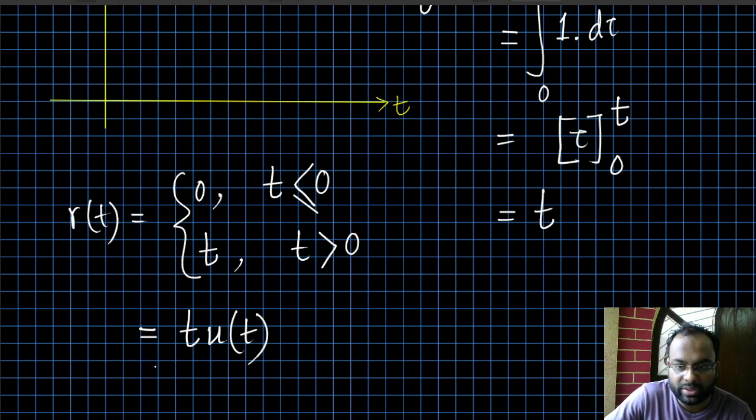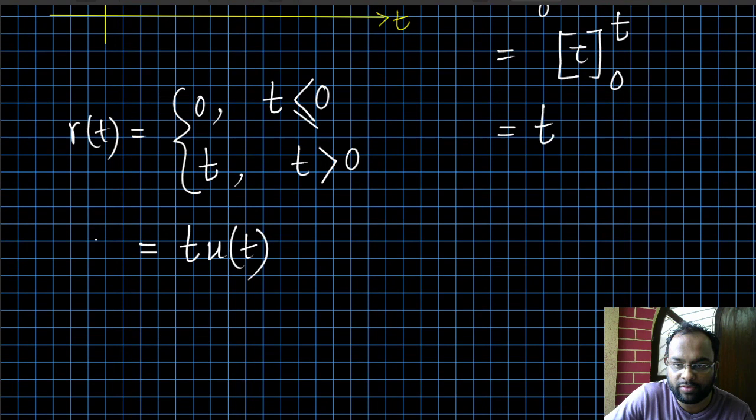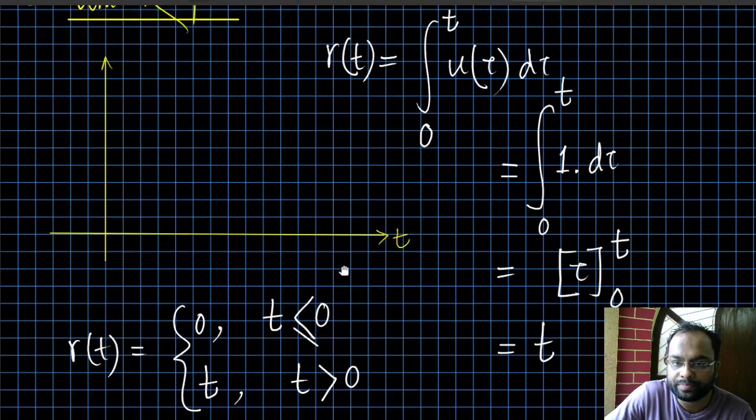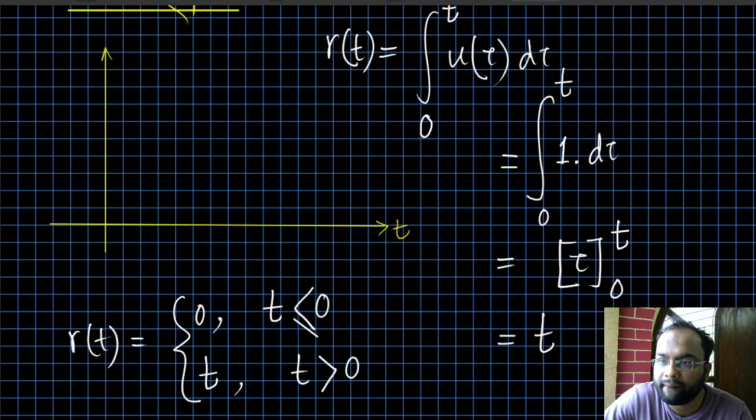You might be familiar with this kind of function by virtue of your circuit theory classes. So this is t u(t). If I just write t, that function would look like this.